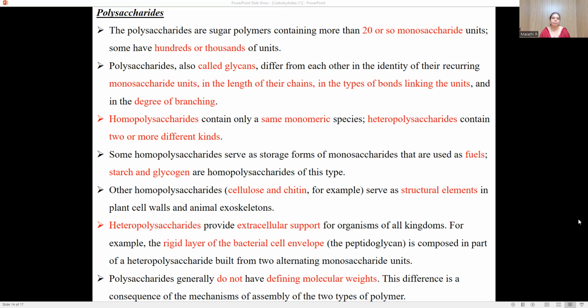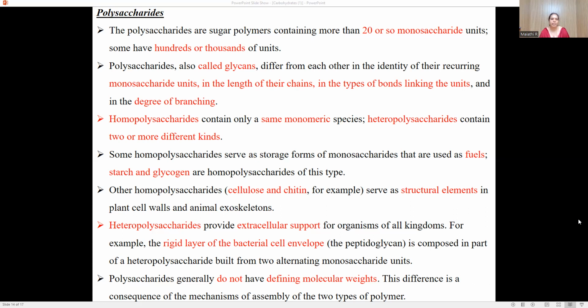The molecular weight depends on the number of monosaccharide units present and the degree of branching, how much branching of the polysaccharide takes place. This also depends on which kind of polysaccharide it is, where it is stored, and how much monosaccharide it gets to make the polysaccharide, so that the degree of branching will be accordingly.